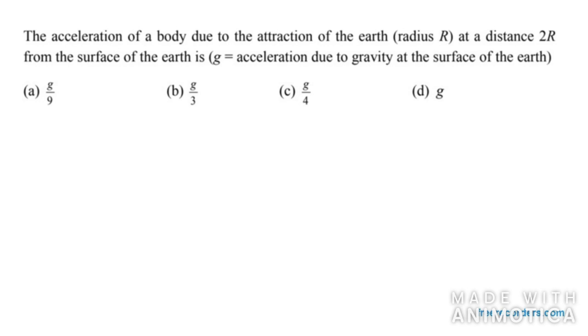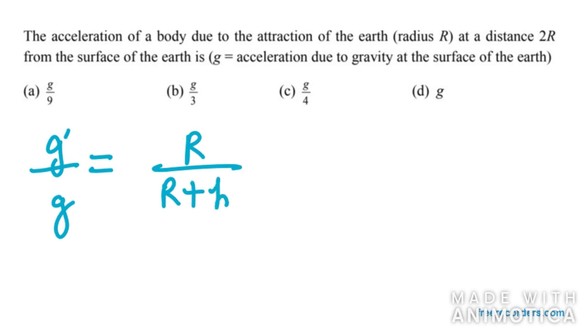The formula for g dash over g is R over R plus h, the whole squared, because it depends on height. Now it says that h is nothing but 2R.